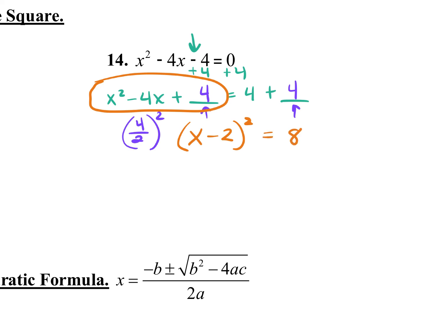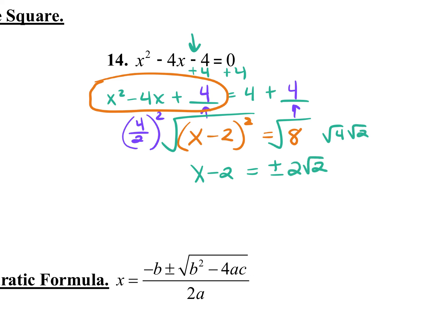Okay, and then we can square root both sides. So this is x minus 2 equals, don't forget your plus or minus. What's the square root of 8 in a simplified form? 2 rad 2, right? That would be the square root of 4 times the square root of 2, which is 2 rad 2.